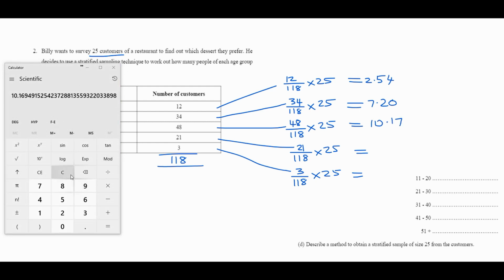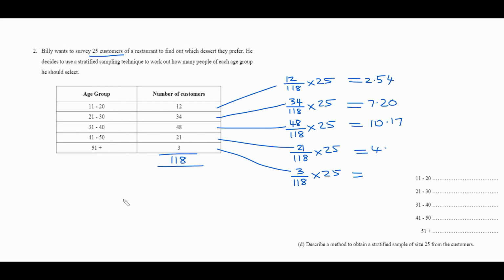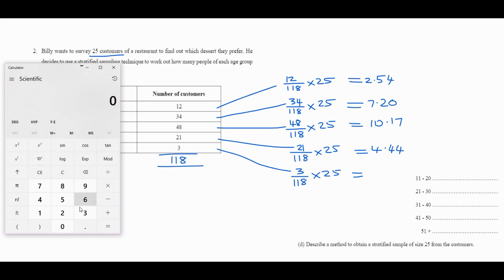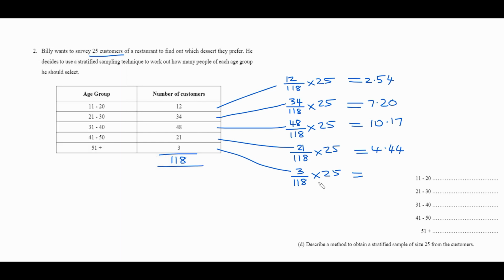And the next one is nearly there. 21 times 25 is 525, divided by 118, 4.44. So 4.44. Next one, 3 times 25 is 75, divided by 118. So the answer is 0.63. So 0.63.